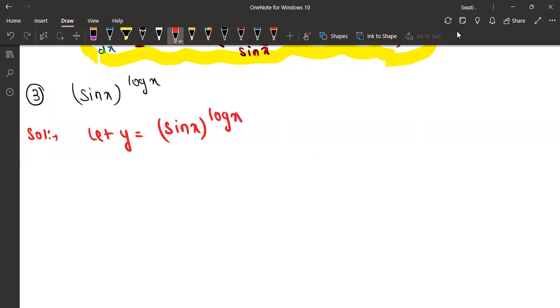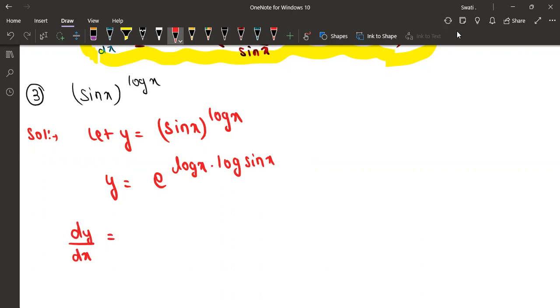And now what we will do, we will again use the property of log. So this will become e raised to log x log sine x. Make sure here I'm directly writing, but I have already explained the property or the formula of log. So we are getting y is equal to e raised to log x dot log sine x. Now we will do the derivative. So this will become dy/dx.